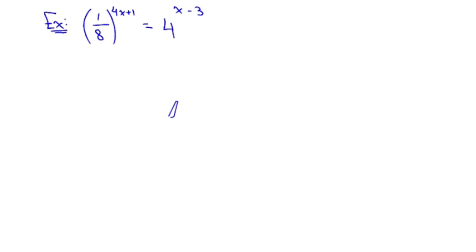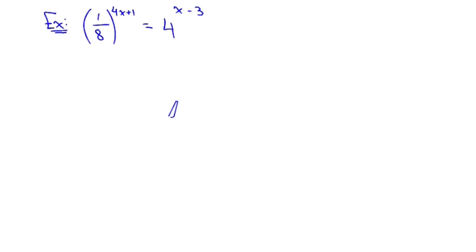What does an 8th and a 4 have in common? 2. So how do I write 1/8 as 2 raised to a power? 2 raised to the 3rd. Good guess. Except 2 raised to the 3rd is 8, not 1/8.